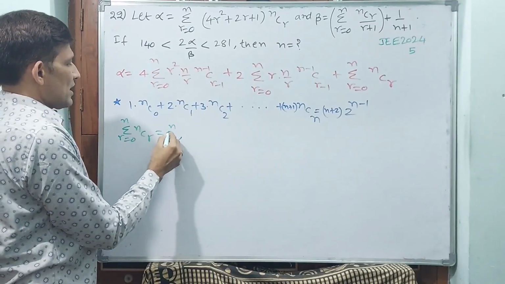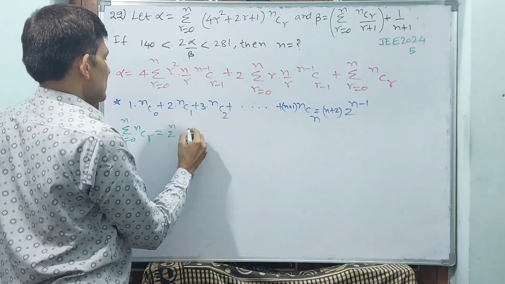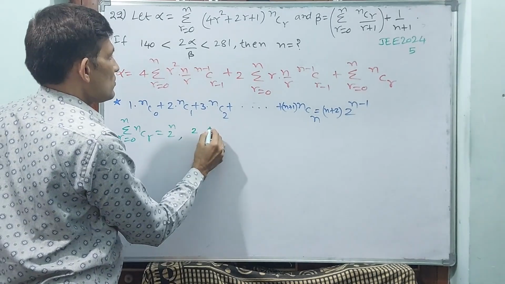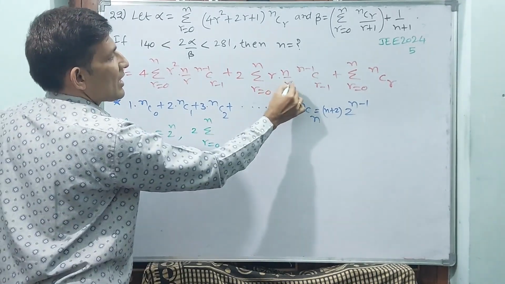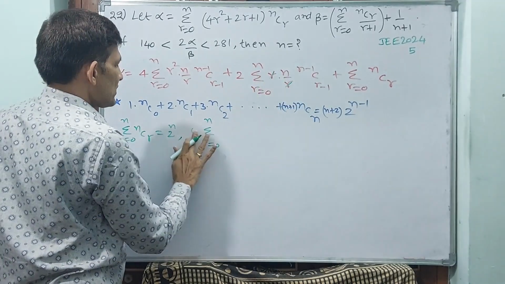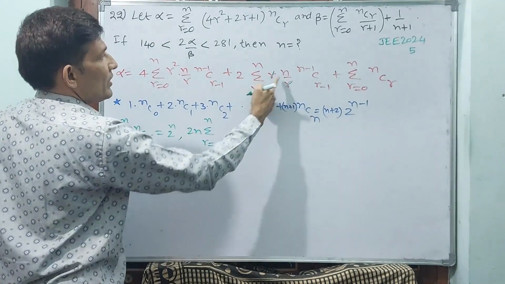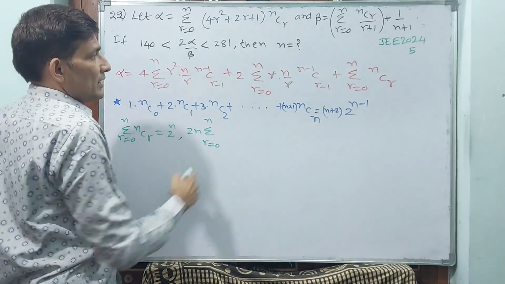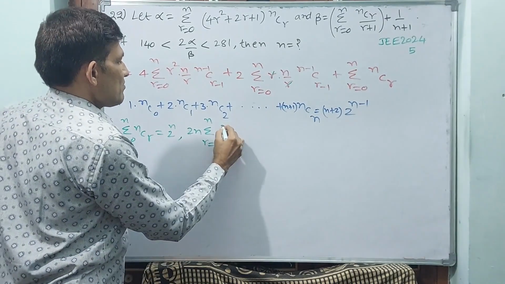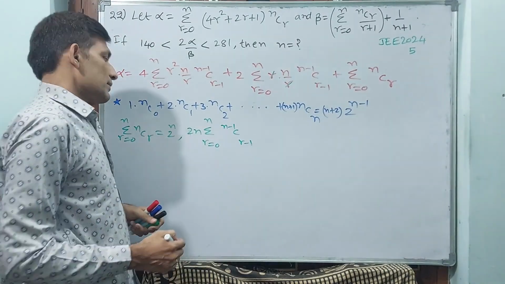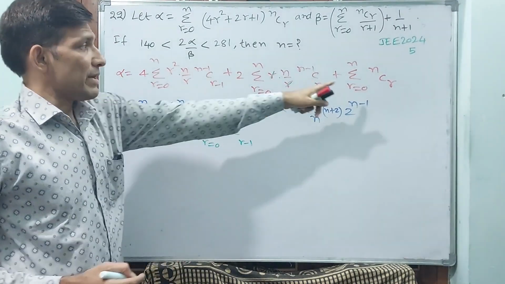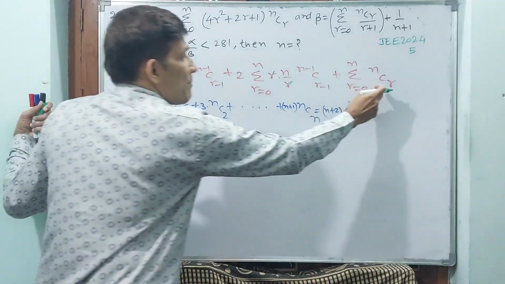One is over. Now go for the second one. Second one: 2 sigma r equals 0 to n. See, r are going to get cancelled out. N is going to go outside. And what is this? N minus 1 c r minus 1. Compare this and this.